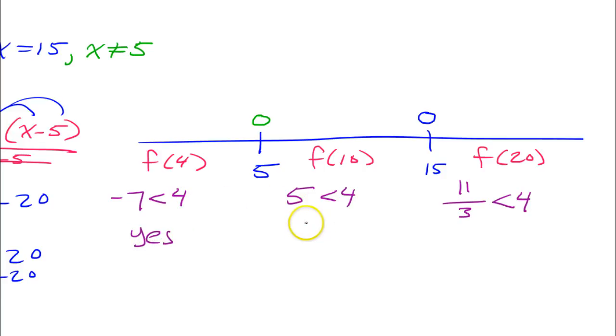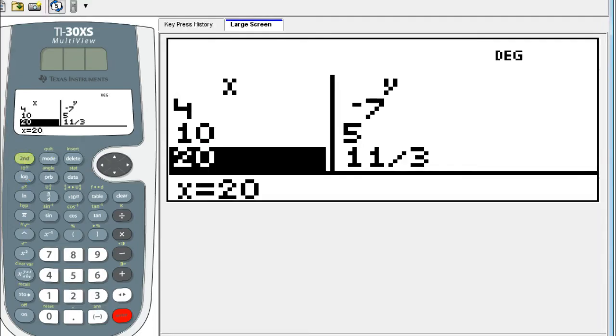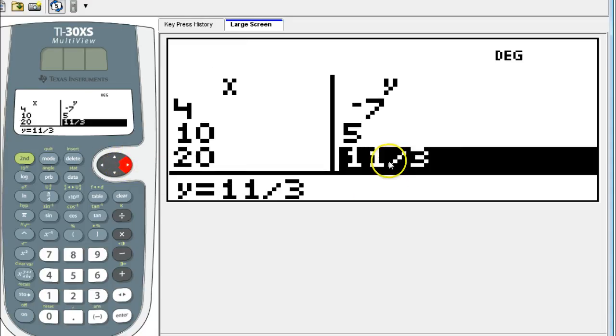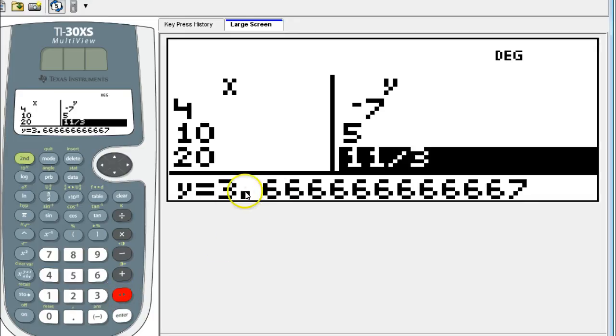Is 5 less than 4? No. It's not. Is 11/3 less than 4? Well, if I wasn't sure, I could check it. If I highlight this and hit the toggle key, I see that 11/3 is approximately 3.7, rounding up.